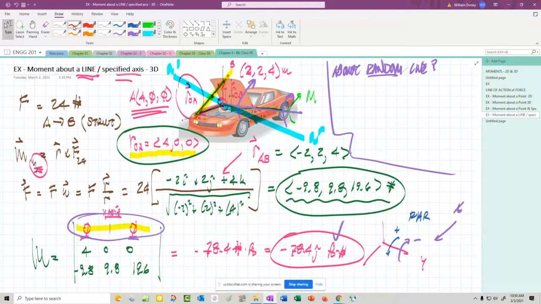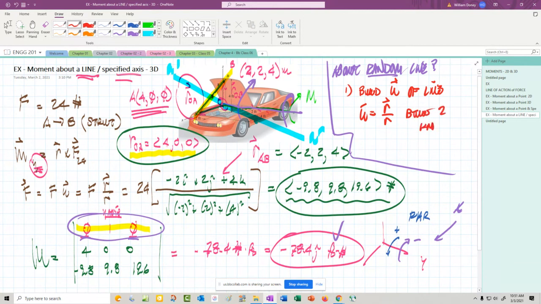If we want to know about a random line, we build the unit vector of that line. And how do we build the unit vector? Well, we take the position vector over the magnitude between two known points. Meaning I would have to know 2 points on the line.